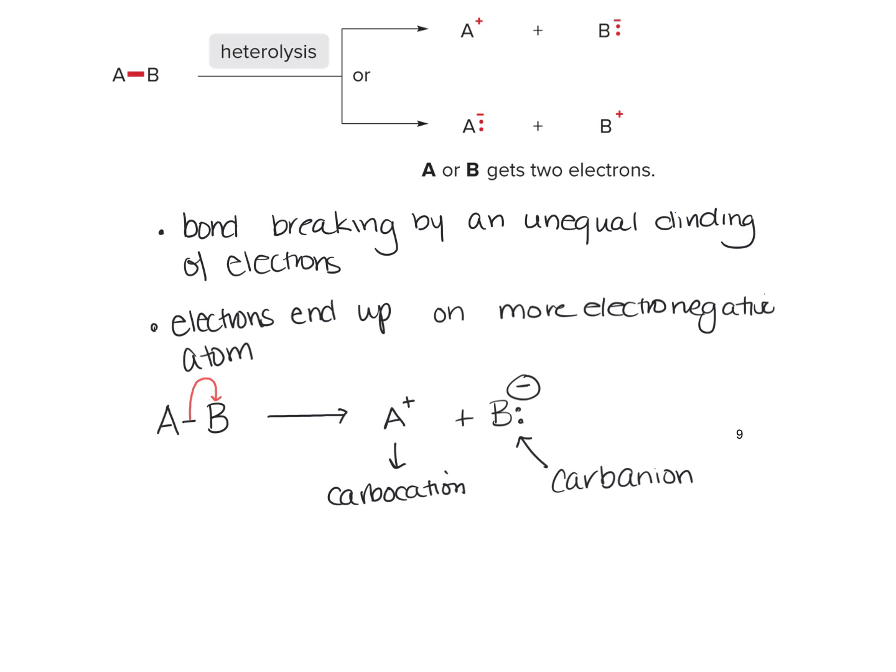A carbocation is generally an unstable intermediate, and that contains a carbon surrounded by only 6 electrons. And then the carbanion is an unstable intermediate as well, and it has a negative charge on the carbon, which is not a super electronegative atom, which is why that tends to be a little bit more unstable.